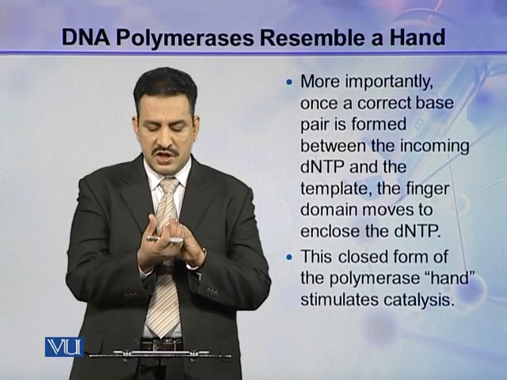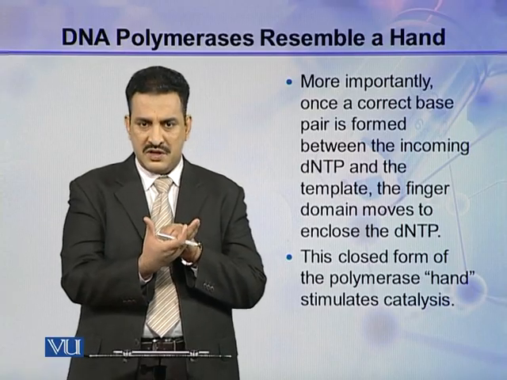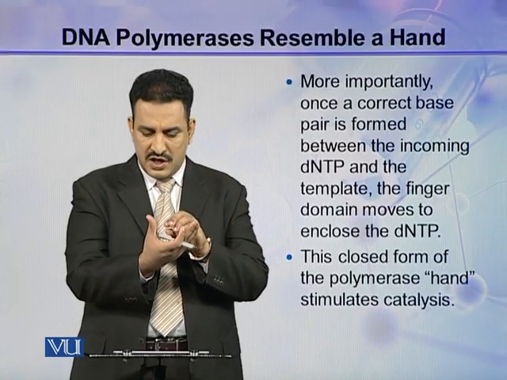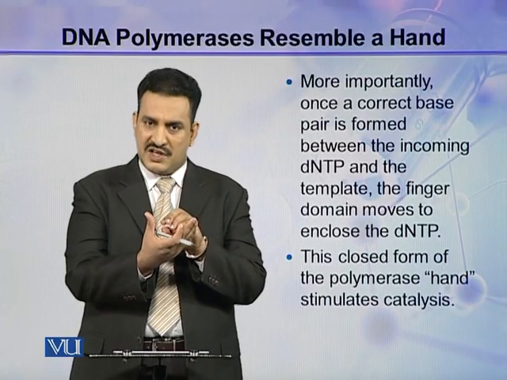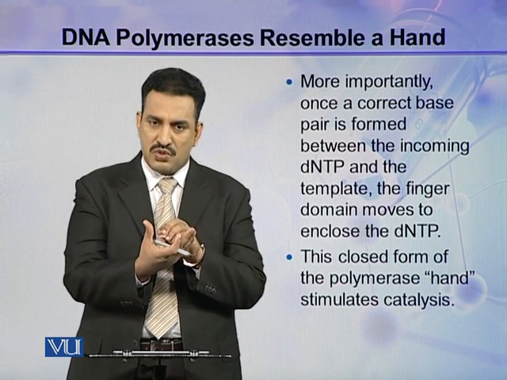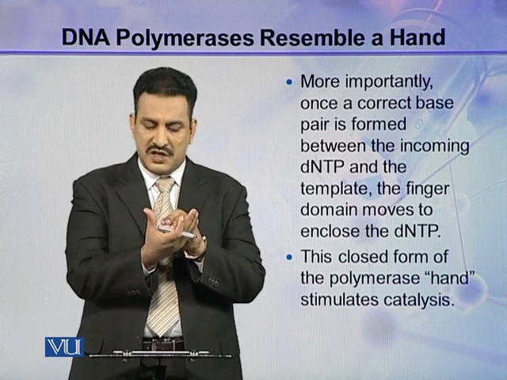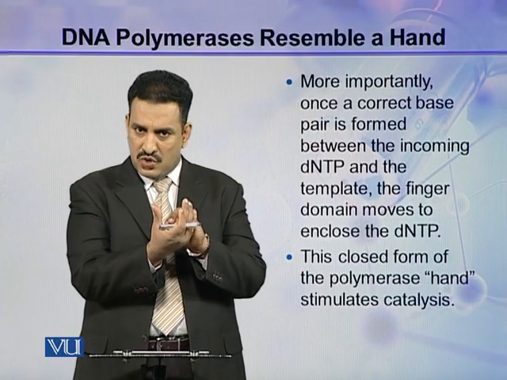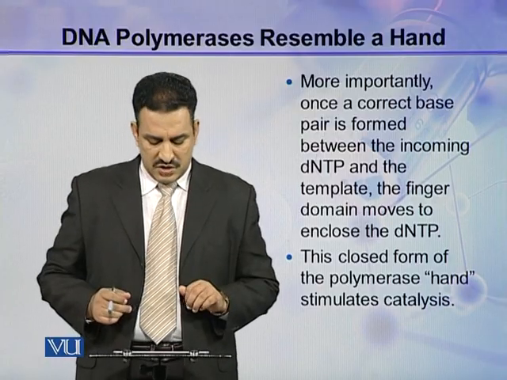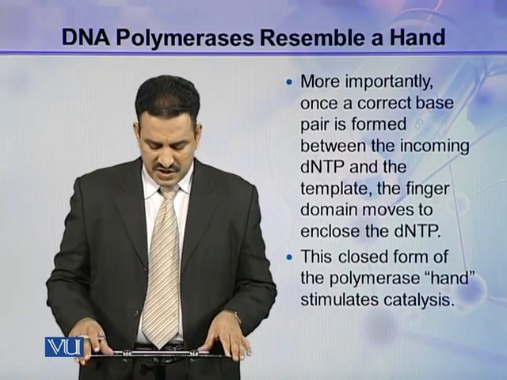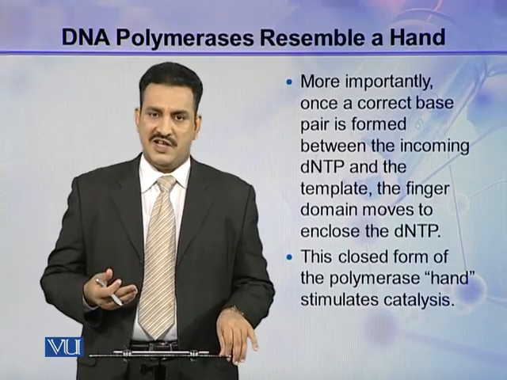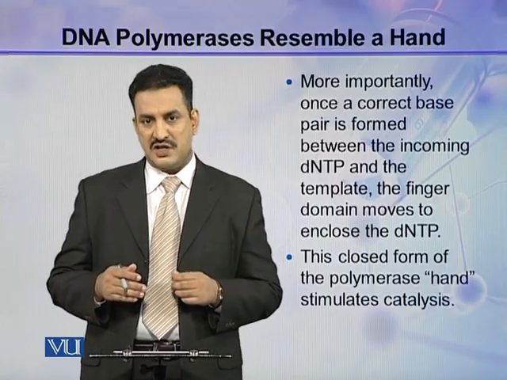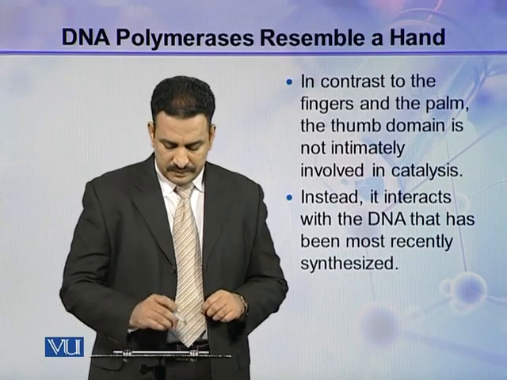So initially this is open, but when a correct dNTP comes and makes the base pair with the existing template nucleotide, after this base pairing, this finger domain moves and encloses this dNTP. This closed form of the polymerase hand stimulates catalysis. Then the nucleophilic attack starts and catalysis proceeds.